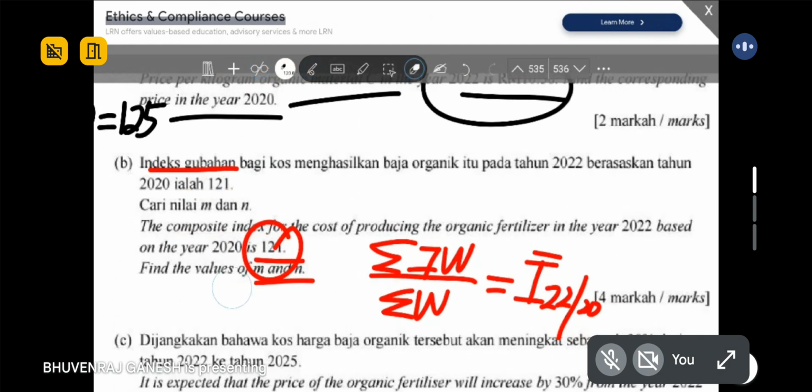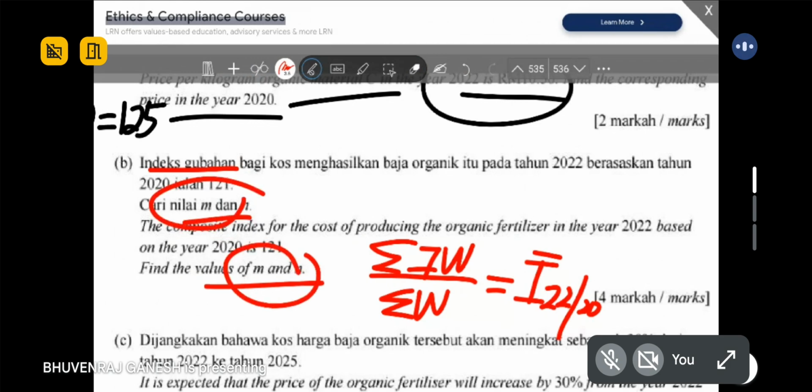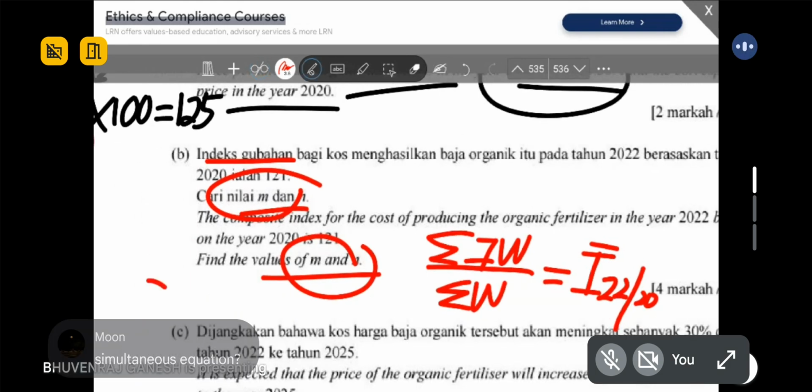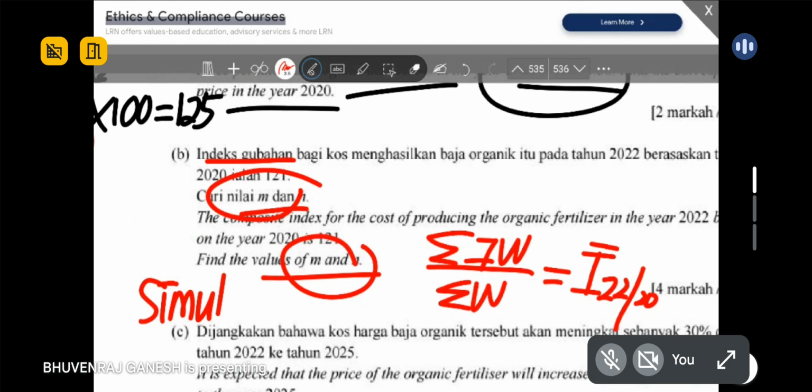But whenever, guys, you see the question asks you to find two unknowns, what is the concept usually you must use? May I know? Apa concept there? You want to find M? You want to find N? What is the concept? Yes, always remember, two unknowns, you must do simultaneous equation.